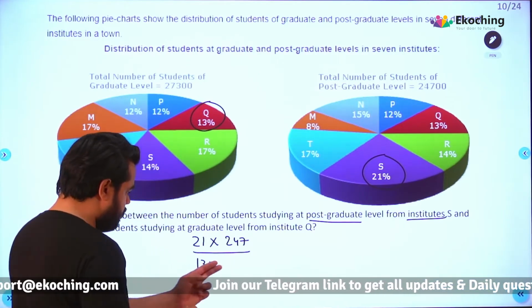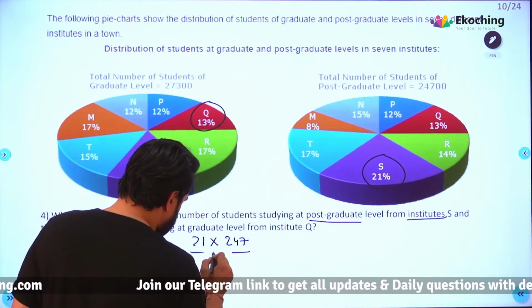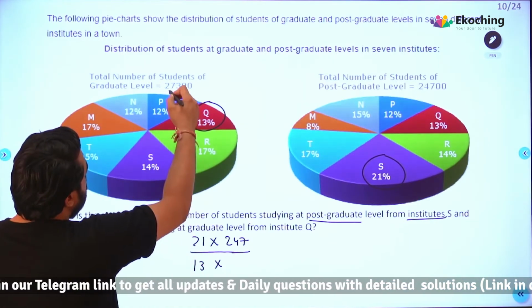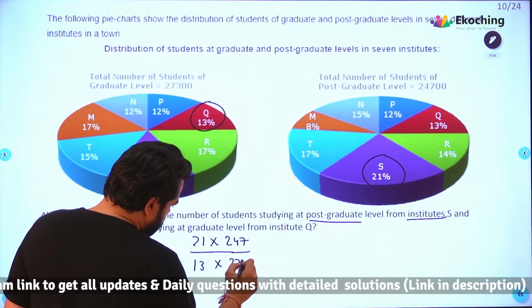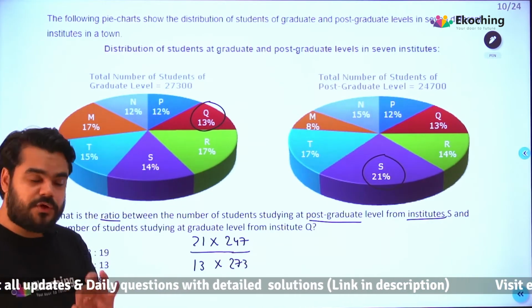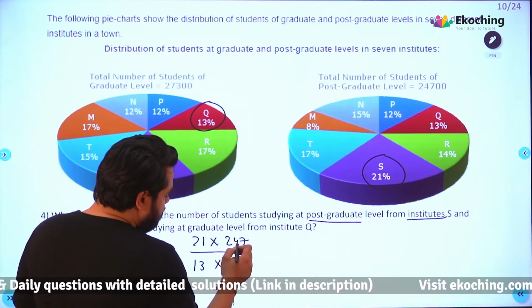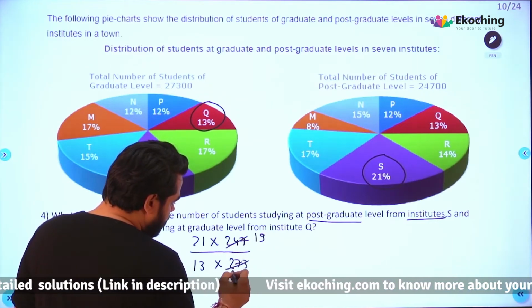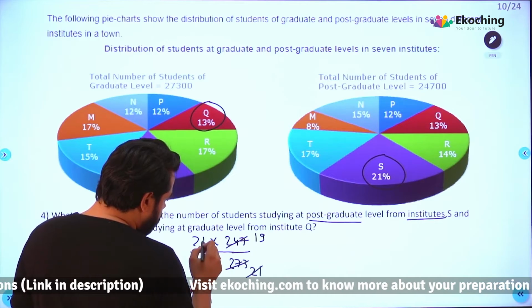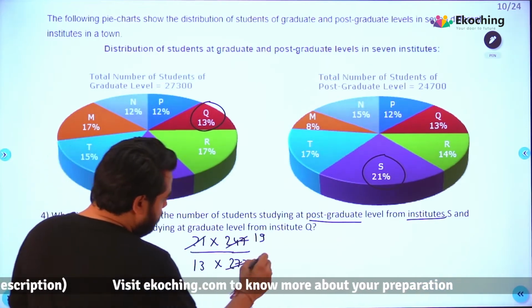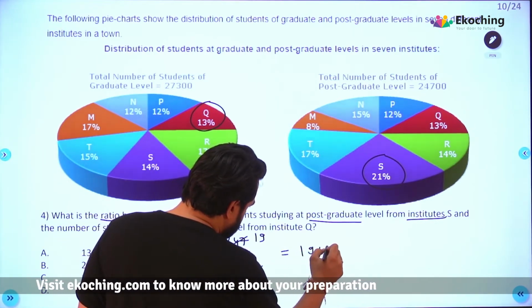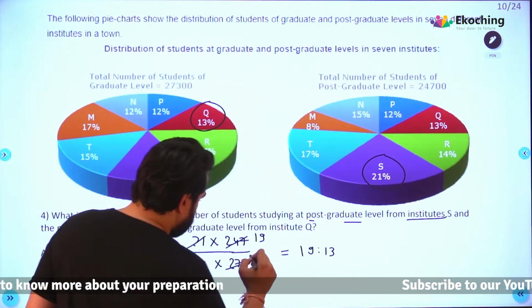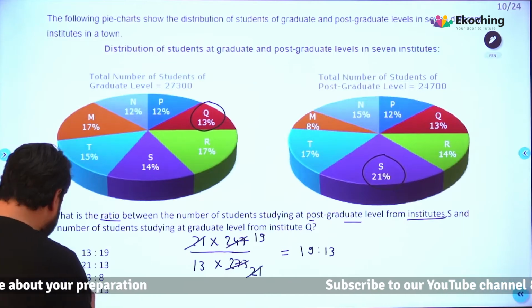Sorry, it should be multiplication, 273. Now from the last question we do remember that this is 13 into 19 and this is 13 into 21. 21 gone. So remaining is 19 is to 13. So 19 is to 13, that is the answer, option D.